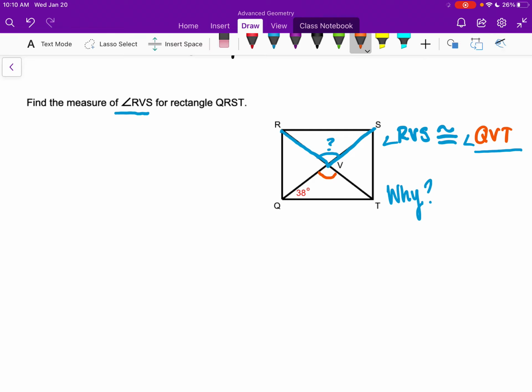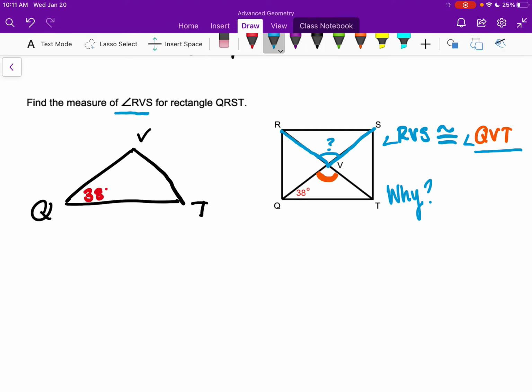So now I know that this orange angle is congruent to my unknown. In reality, if I can find that angle, I know my answer. Now let's imagine this as just triangle QTV, where this is 38 degrees and we are looking for this.